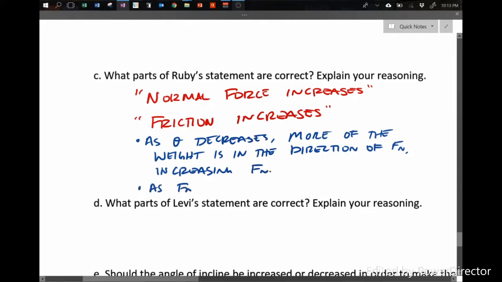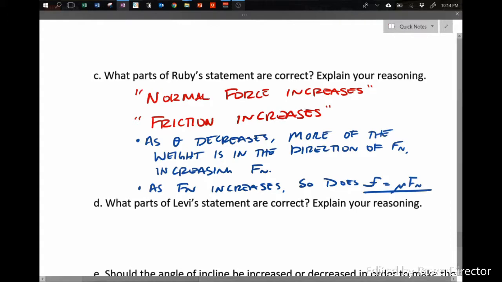And as the normal force increases, so does friction, because we know that friction is directly proportional to the normal force. All right, that's breaking down Ruby's statement.